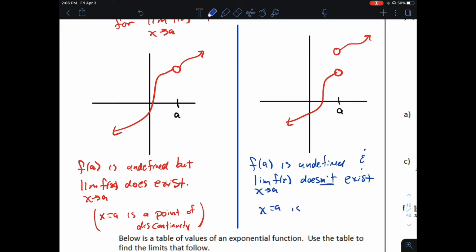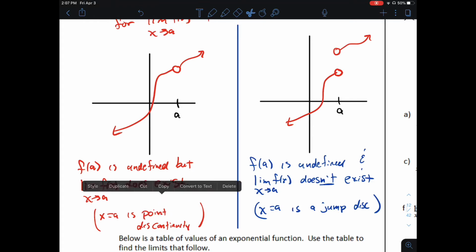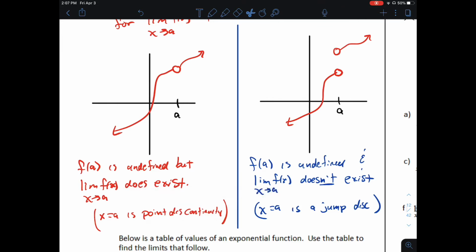In this case, x equals a is a jump discontinuity. Let me rephrase this first one. x equals a is, let's just say, point discontinuity. Removable discontinuity was another term that we use for point discontinuity. And the second one, x equals a, is the jump discontinuity.